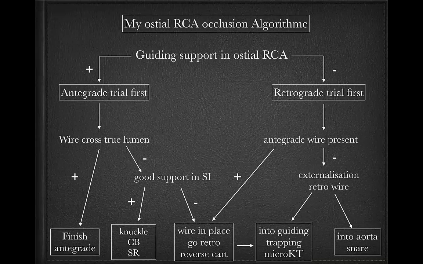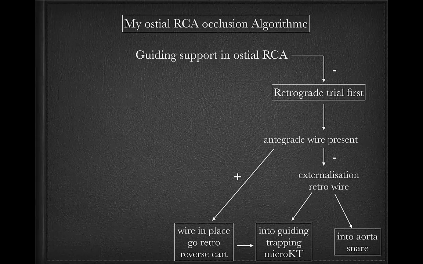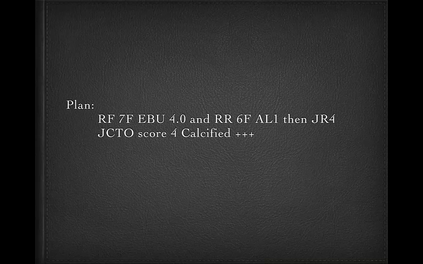My support was not possible. So we are in the right arm. So retrograde trial first, and I am able to put an antegrade wire inside. I will show you.